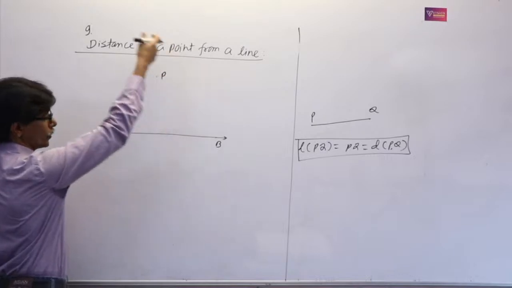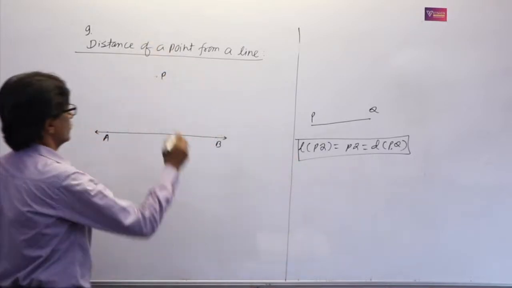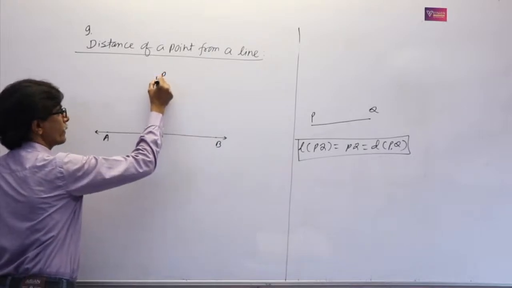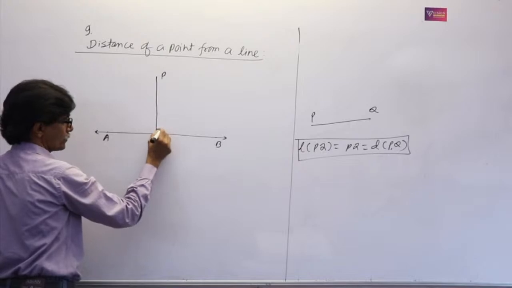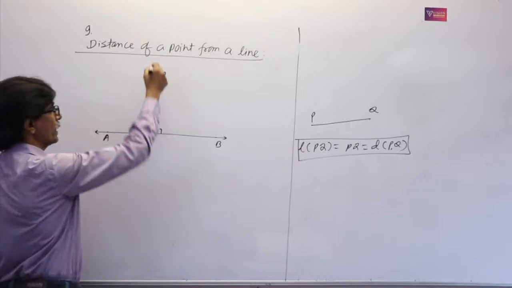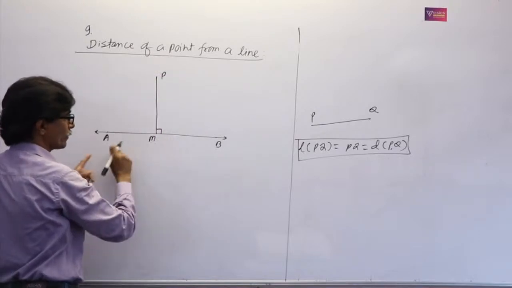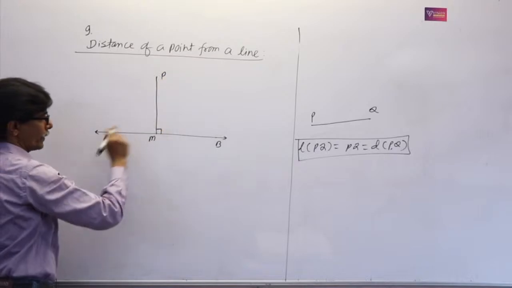Now, as you know about perpendicularity, I just studied it just now. This segment PM, I say now, segment PM is perpendicular to line AB. It means that the line containing this segment PM is perpendicular to line AB.